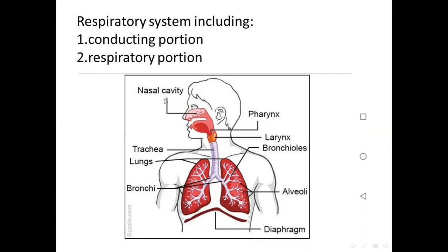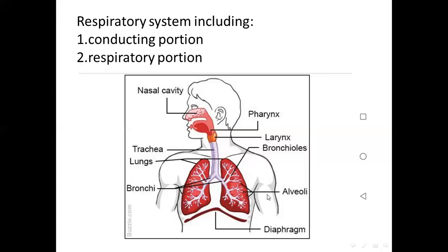So it starts with the nasal cavity, pharynx, larynx, trachea, bronchi, and finally the terminal bronchiole, until it reaches the respiratory bronchiole, where the respiratory portion starts, which continues with the alveolar duct, alveolar sac, and finally the alveoli.